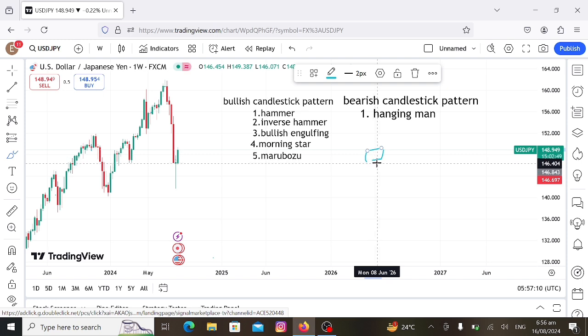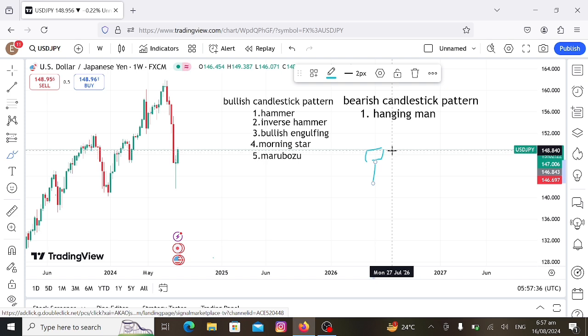You can as well say this is a hammer, but no. A hammer in an uptrend is a hanging man in a downtrend. When you are looking at it from the up, it's called a hanging man.